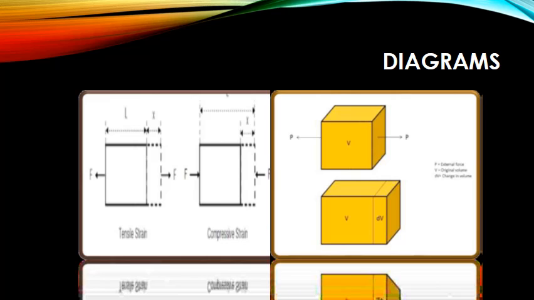Okay, and after that the volumetric strain, that is the change in volume. You see the upper volume is there, and whenever a change in volume takes place, dV is exerted, and the volumetric strain is dV divided by V. Similarly here dl by L. Okay, these are the three strains.